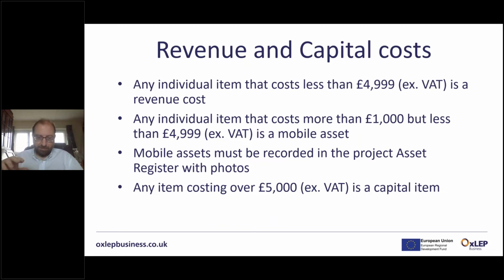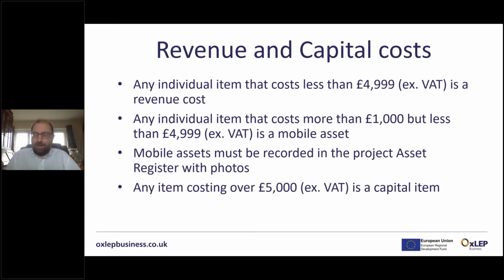Okay, so that is acceptable. It's worth noting that individual items costing over £1,000 but less than £4,999 are what's known as a mobile asset. They're still perfectly eligible, so they're below that capital item threshold, but there are some requirements.